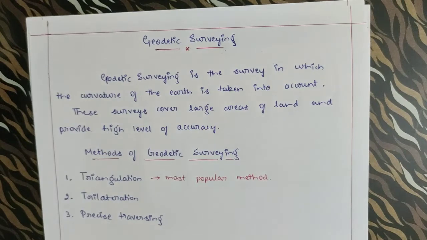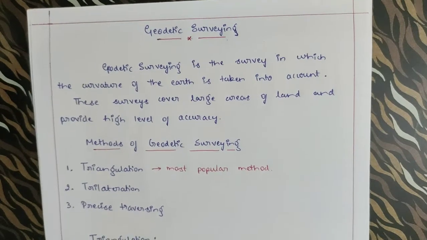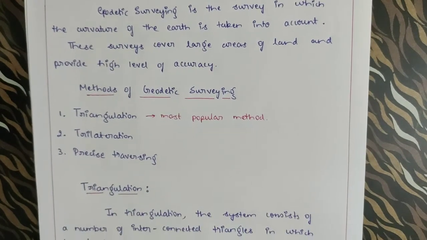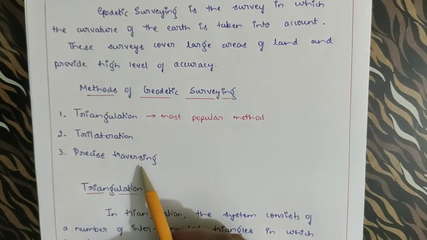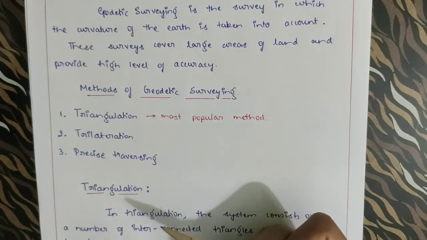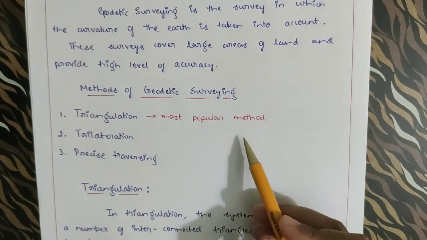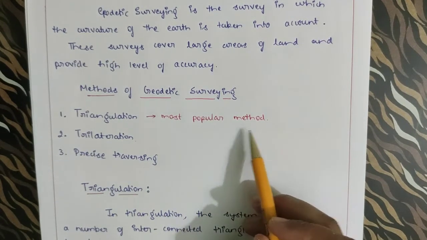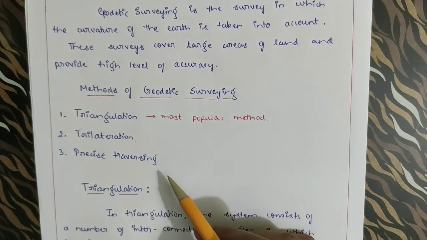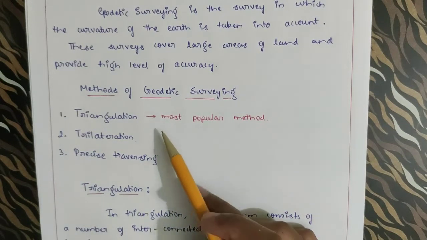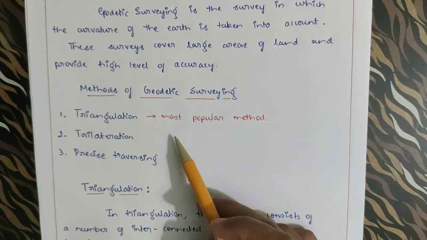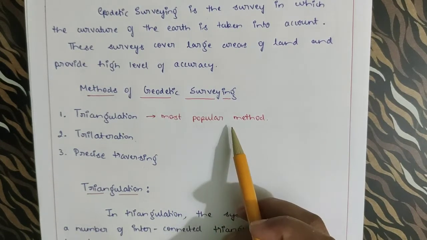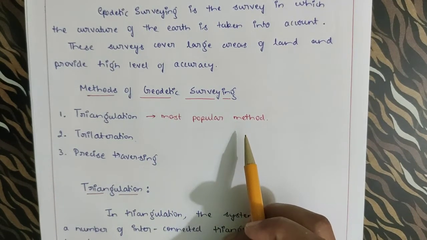Then there are many methods adopted in geodetic surveying. First one is the triangulation, then the trilateration and the precise traversing. Of these three, the triangulation is the most popular method and it is usually used.